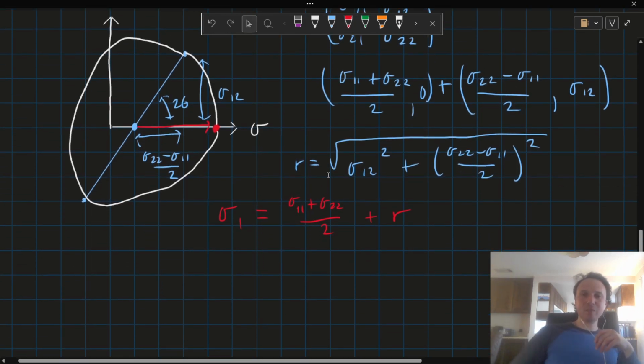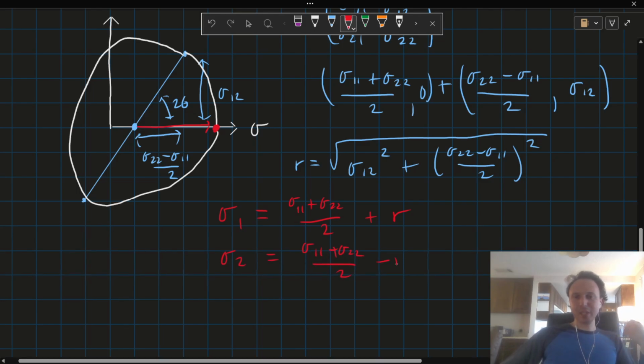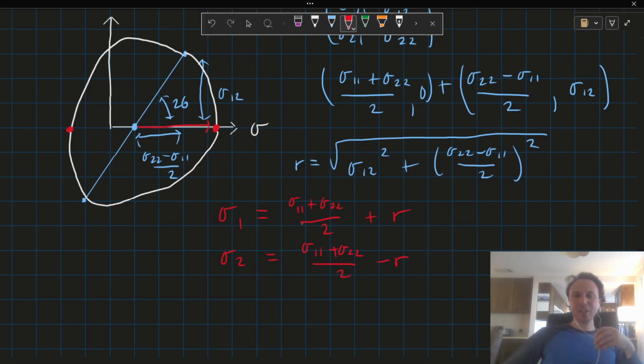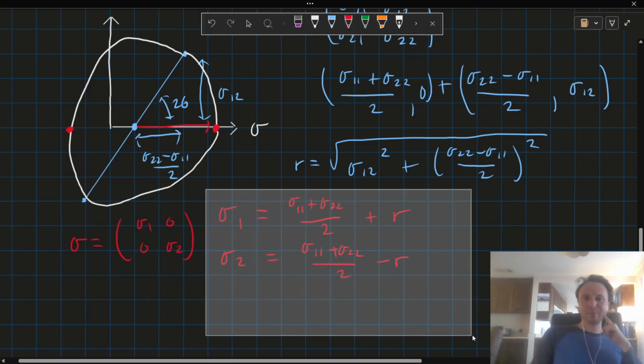And then same thing for sigma 2, except it'll be minus the radius. So that'll be out here somewhere. Great. So now we've written, in this red coordinate system, sigma 1, sigma 2, and 0, 0. So we've diagonalized the matrix. That's great. It makes a lot of things a lot easier.